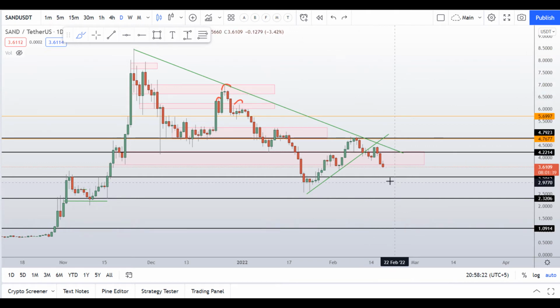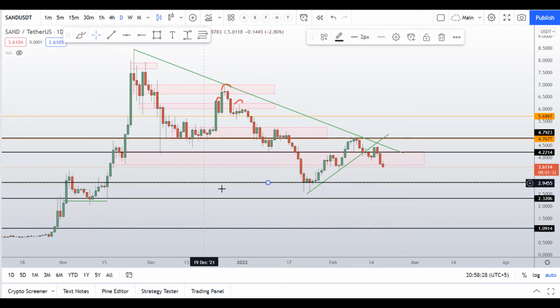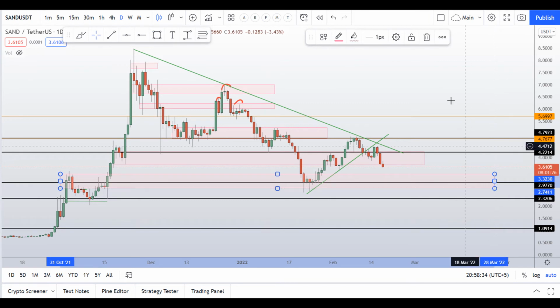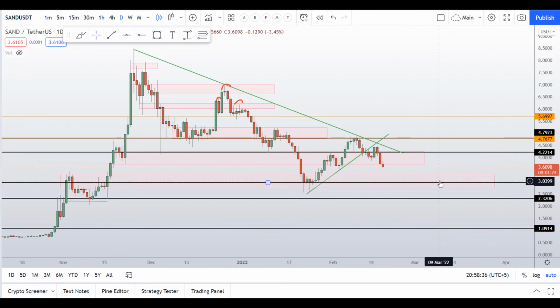The next obvious support level I can see on the Sandbox is right here. You can see, let me draw a box out of it like this, at around the $3 level. So if this 2.5 doesn't hold, then the $3 level is a major support area here.